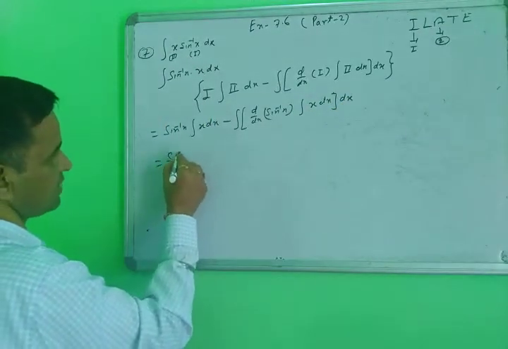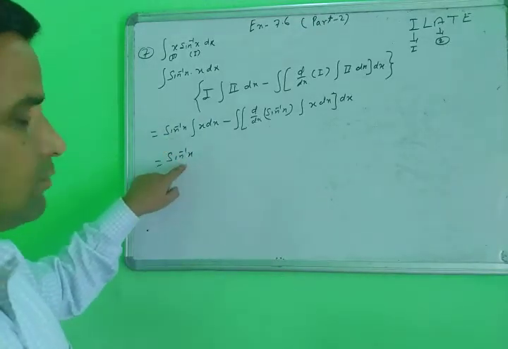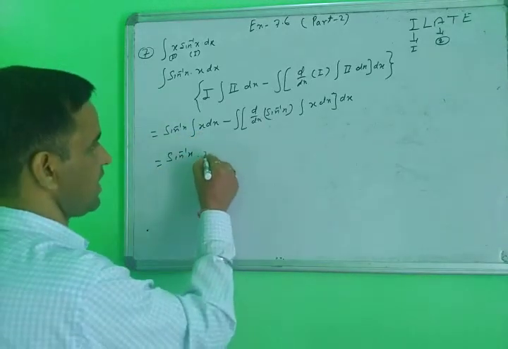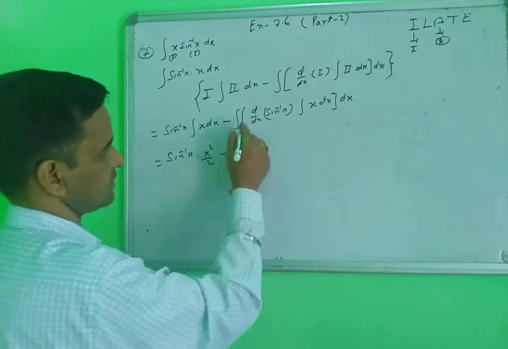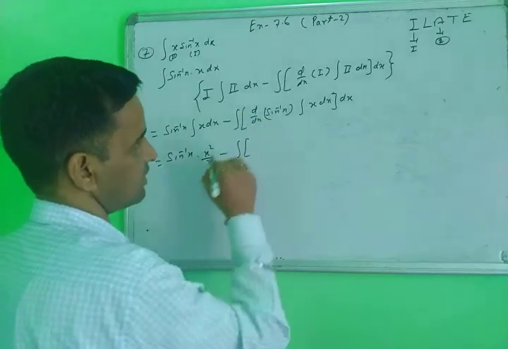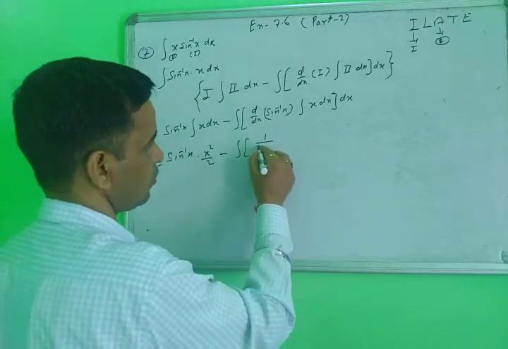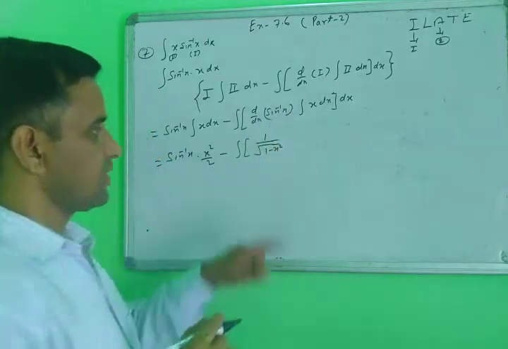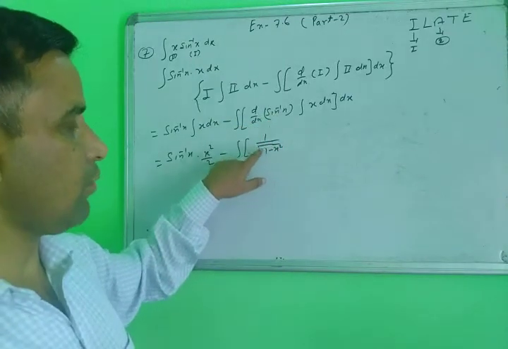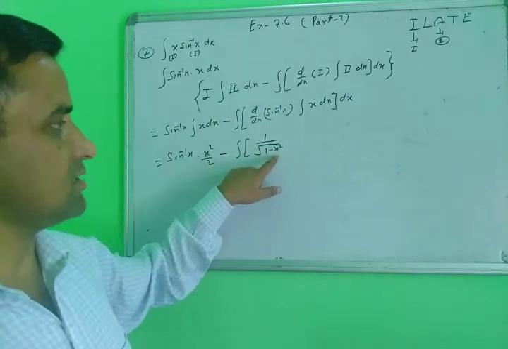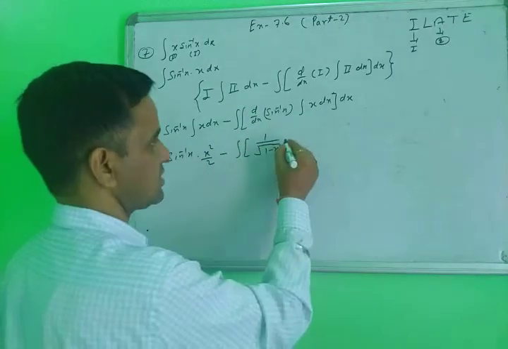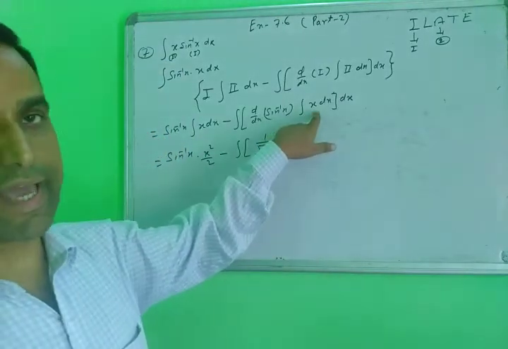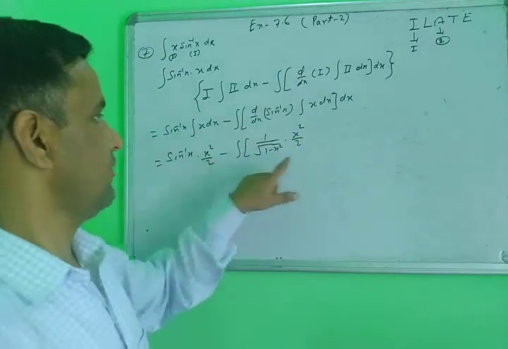The sine inverse x, the first function, stays the same with no operation. But the integration of x will be x square by 2, minus integration sign, and the differentiation of sine inverse x is 1 upon root 1 minus x square. Again the integration of x, x square by 2, stays the same here, and dx.